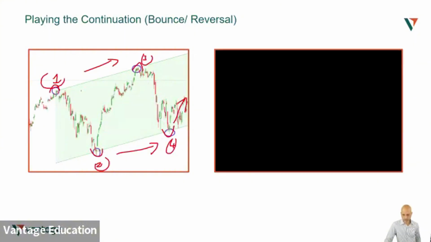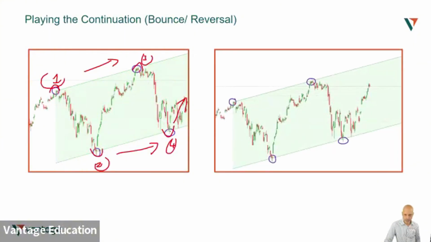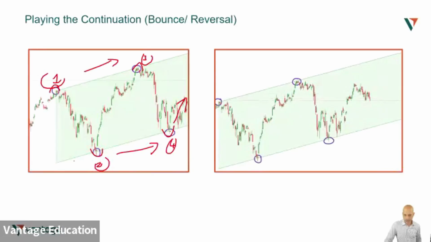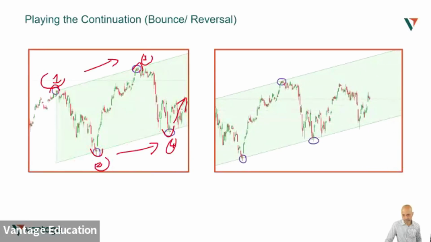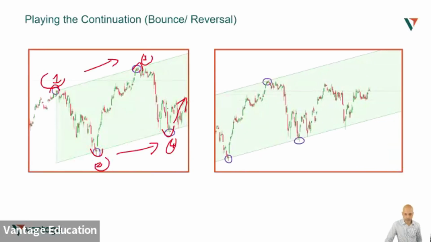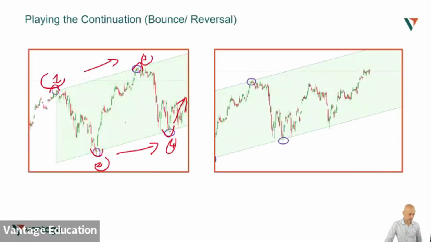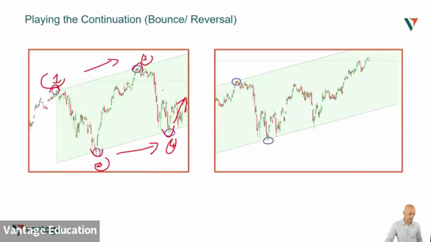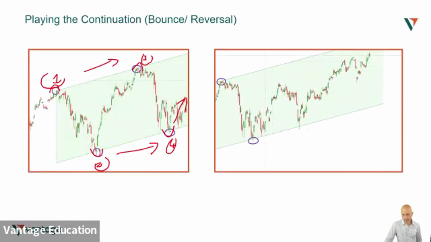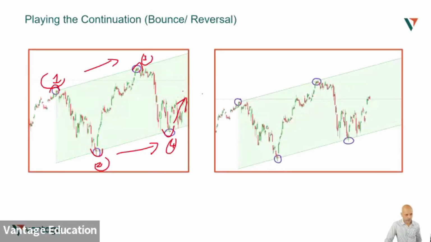As price bounces up, makes a bullish reversal at swing low number 4, we are able to complete the upward channel, and then we try to go long, because this is an ongoing upward momentum, upward channel, or upward trend. We're trying to capitalize on the upward trend.